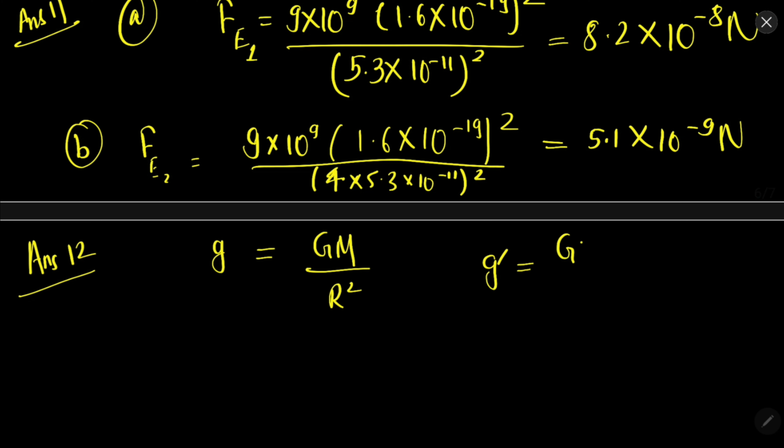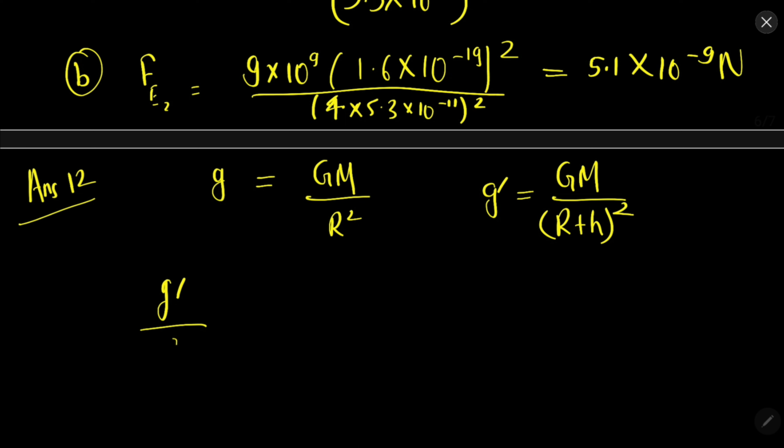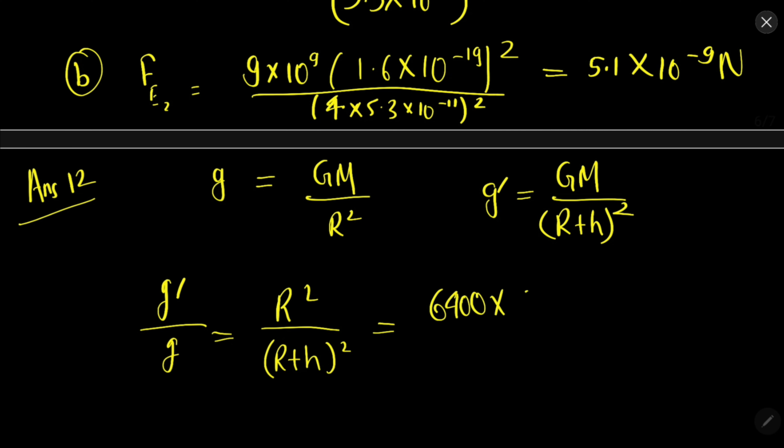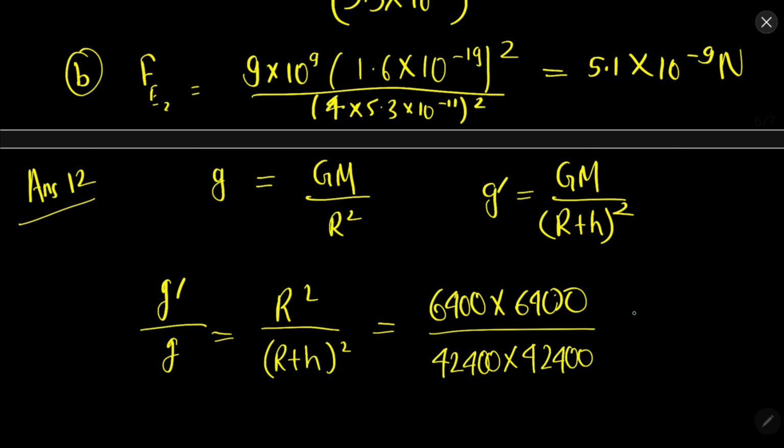In geostationary orbit it will be approximately like this. g dash upon g equals r square upon (r plus h) whole square, which gives 6400 into 6400 upon 42400 into 42400, because 36000 plus 6400.